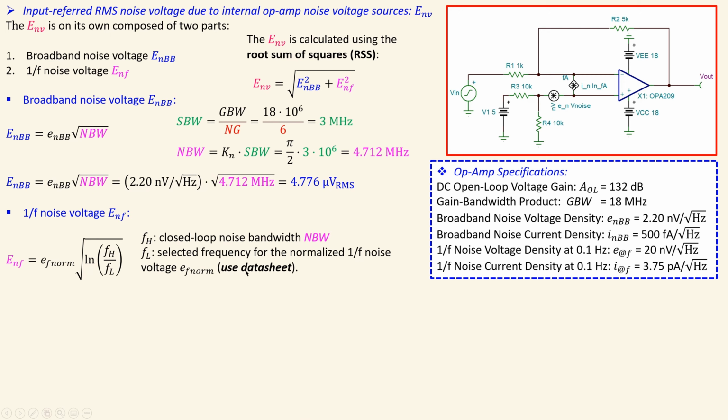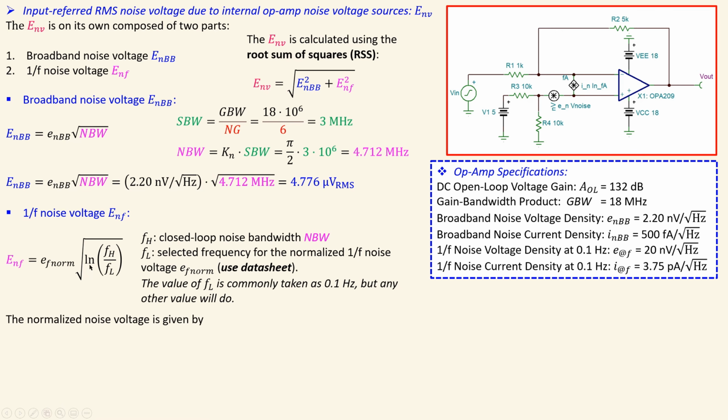We will use the datasheet for that, and most of the time the value of FL is taken as 0.1 hertz. So we have to use a selected value for our lower cutoff frequency FL. That is 0.1 hertz most of the time, but any value will do here.